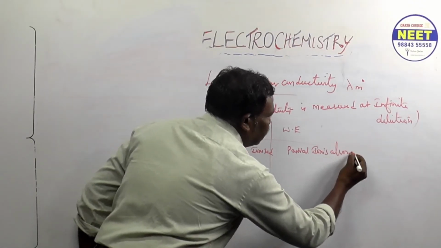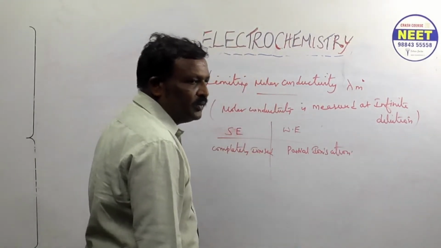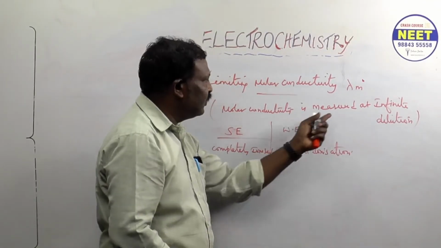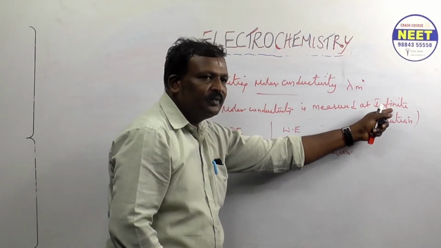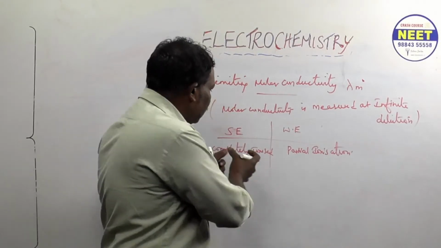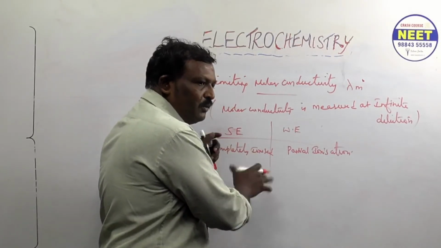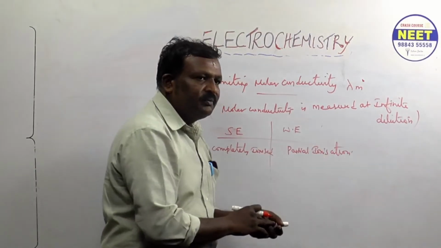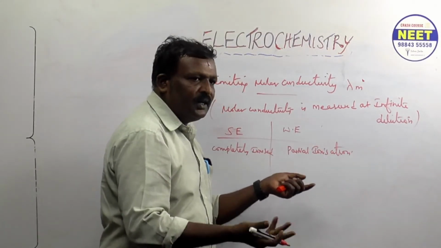Understood? But when it becomes completely ionized, we don't know. At one stage, if you add 1 liter of water it will not ionize, but it will take 2 liters. We don't know if it is 2 liters, 3 liters, 4 liters.